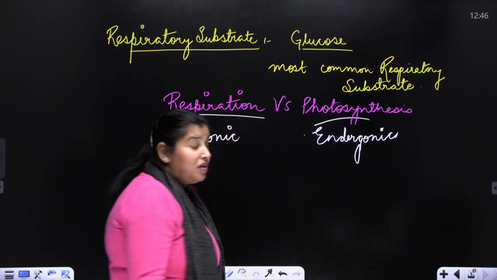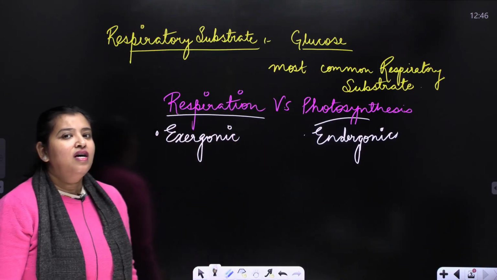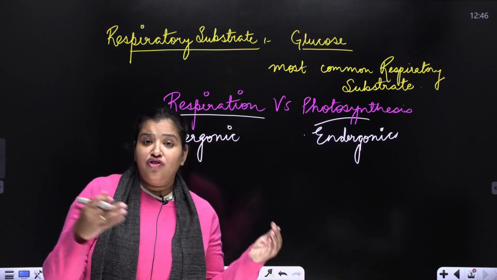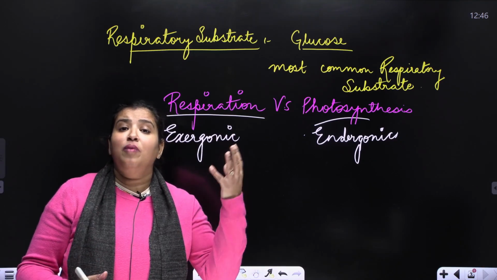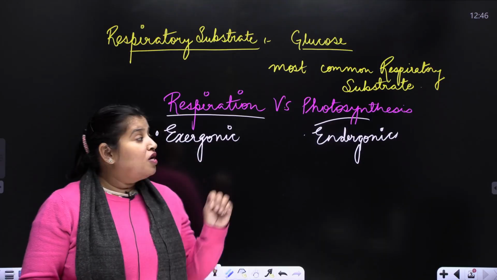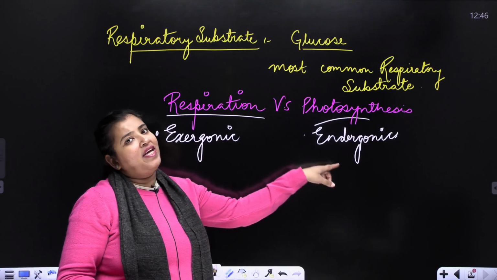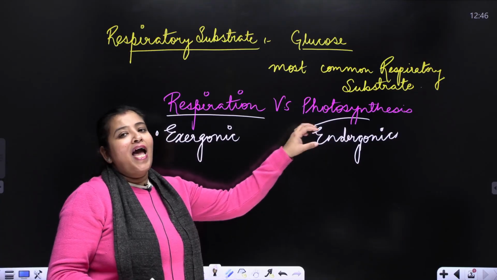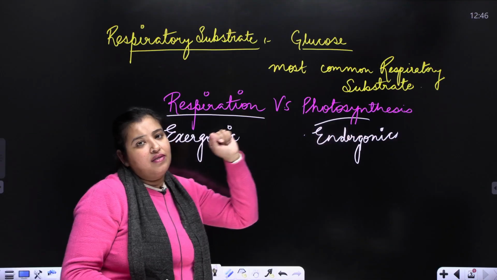Because if you remember the equation of photosynthesis, sunlight is entering the reaction. That is, plants are trapping solar energy and converting it into chemical energy. So because of that, we say we are providing energy, and so it is an endergonic process.